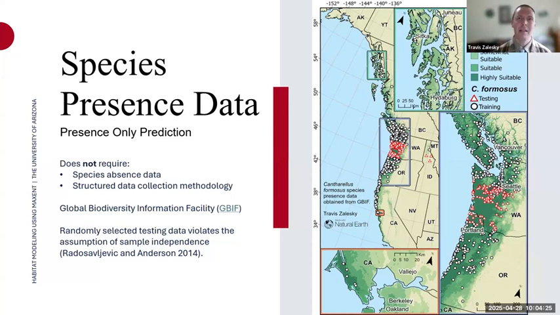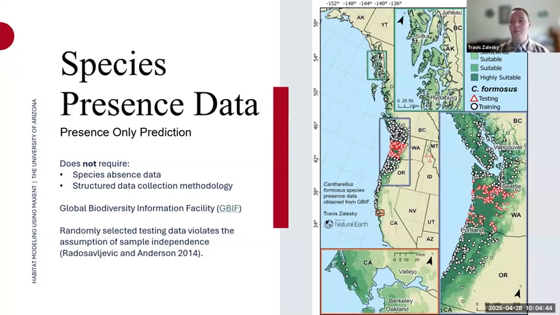And in my opinion, it is the best source of species presence data available on the web. However, to achieve high-quality results, some steps must be taken to reduce bias in this data.